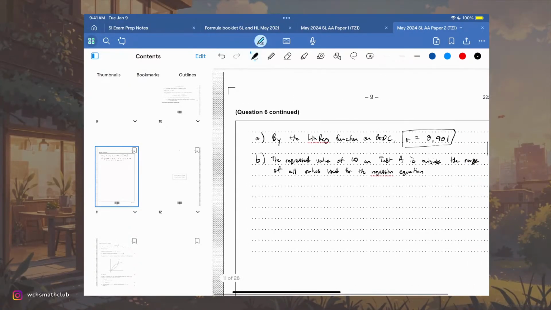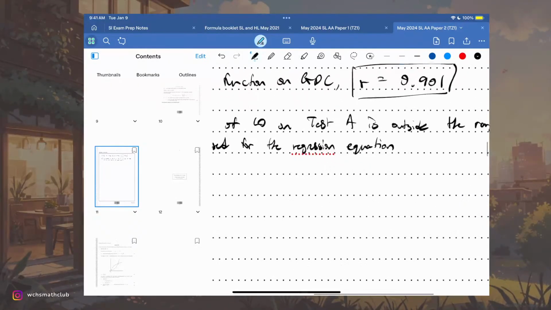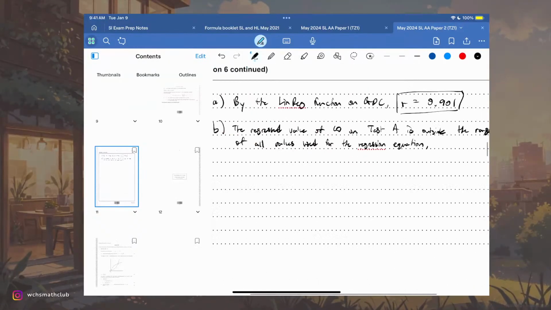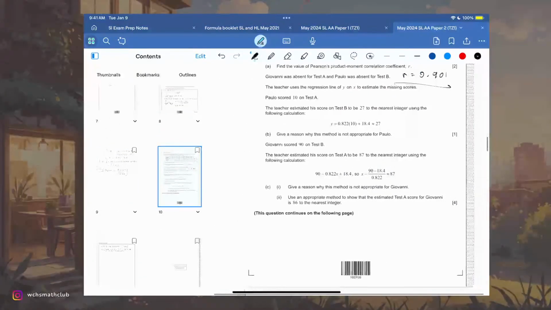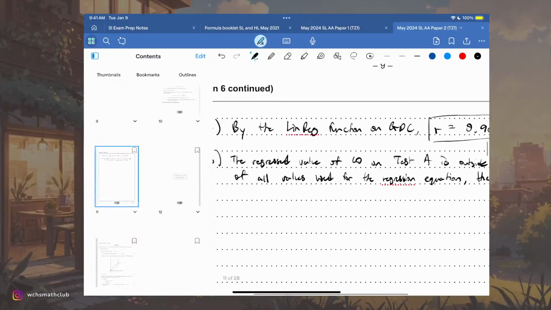So the regressed value of 10 on test A is outside the range of all values used for the regression equation. Okay, and therefore you would just say therefore it is not appropriate.